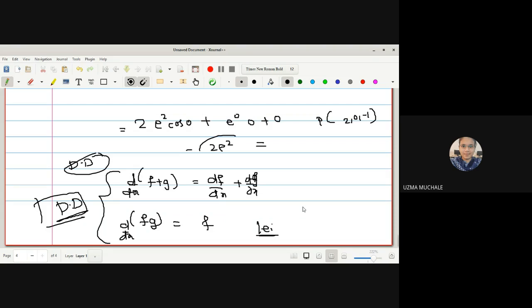Try to go through these rules, and then in the next lecture we will see the properties of the directional derivative. That is, we will see the Leibniz rule, then linearity in a tangent vector and linearity in a function. Okay, if you have a doubt you can ask, otherwise we will end the lecture.